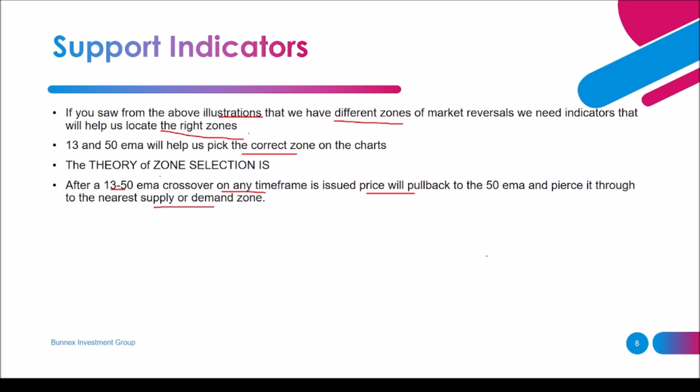So what we mean is, after we have this previous market flow, the market is reversed. Usually in this particular move, we have a 13/50 EMA crossover.